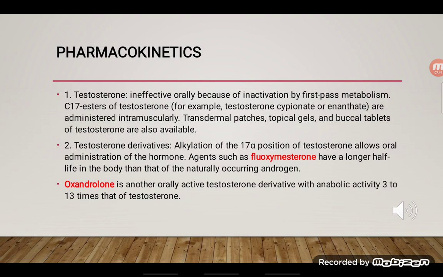The preparations that are available and can be given orally include fluoxymesterone and oxandrolone. Both of them are orally active testosterone derivatives, and they have a longer half-life than the naturally occurring androgen, so they work for longer.